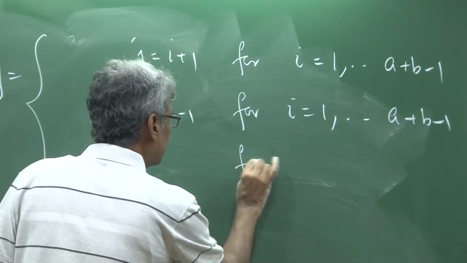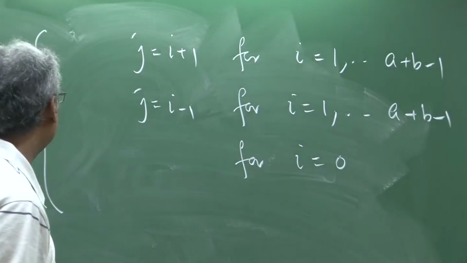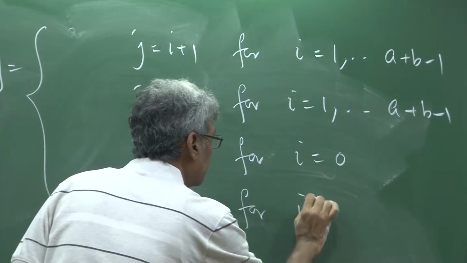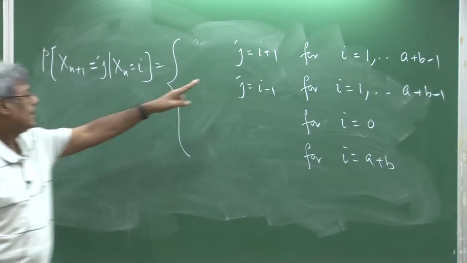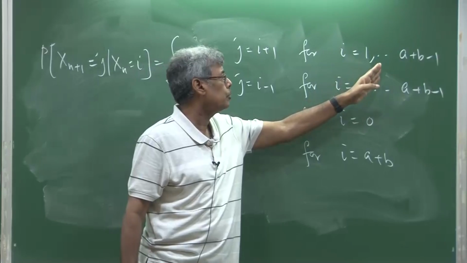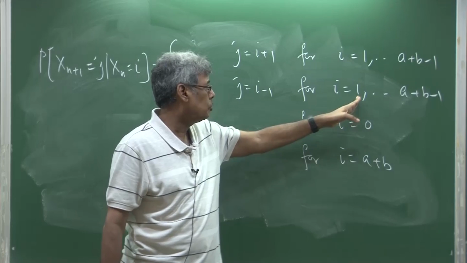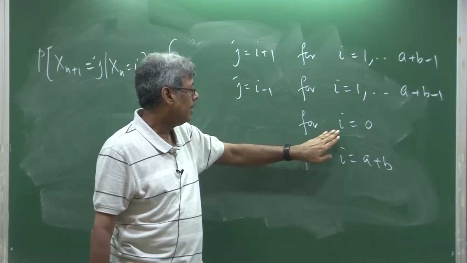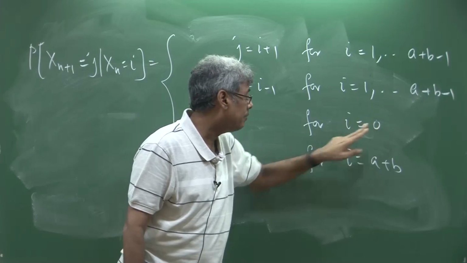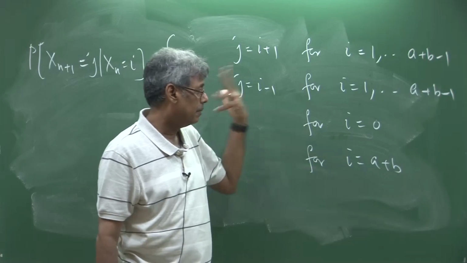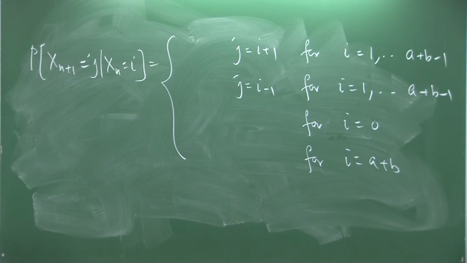I will keep these two options and then we will see the values of j. For i equal to 0 I have to look at it separately, and for i equal to a+b. What does this mean? Here A has a fortune lying between 1 and a+b-1. Here A became broke, he does not have any money left, and here A got all the money, i equal to a+b. Based on that I should be able to do this.